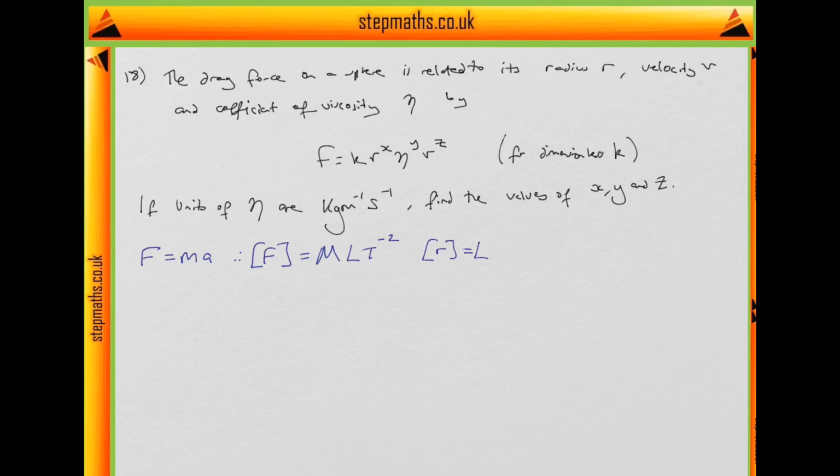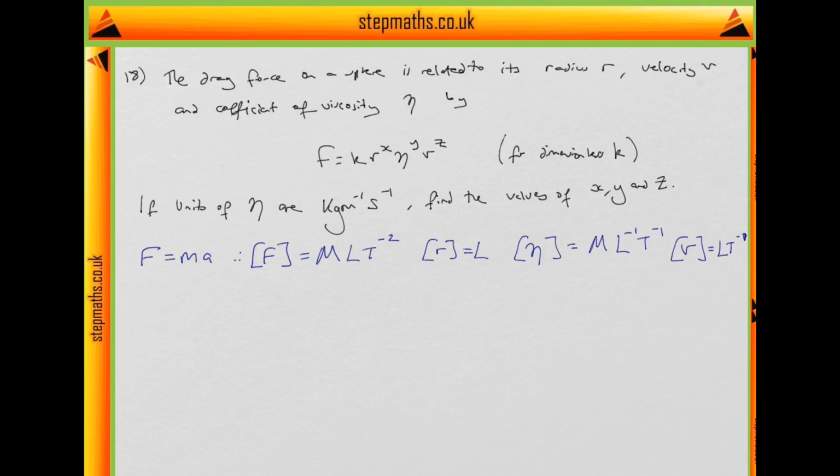The coefficient of viscosity we're told is kilograms per meter per second. So that has dimensions of mass times length to the minus 1 times time to the minus 1. And then we're given its velocity. Well, that's meters per second, so that's length times time to the minus 1.